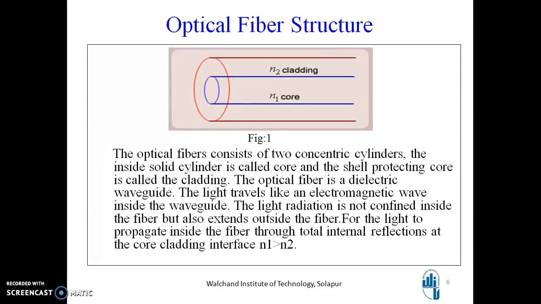For the light to propagate inside the fiber through total internal reflections at the core-cladding interface, the condition is that the refractive index of the core should be greater than the refractive index of the cladding. So if n1 is greater than n2, then total internal reflections occur inside the optical fiber, and the light travels in the optical fiber.